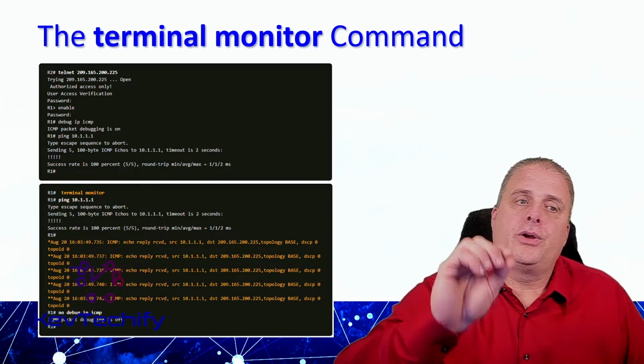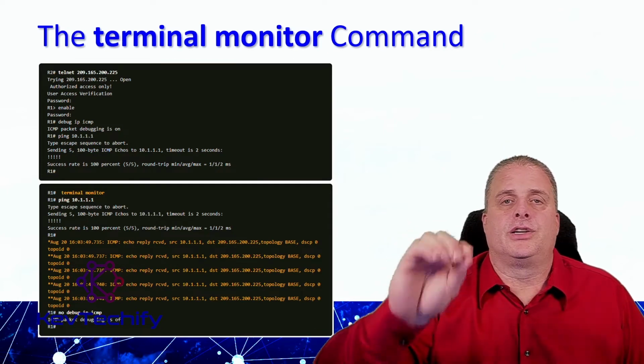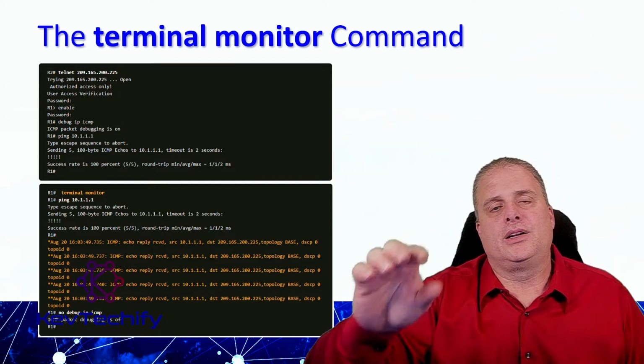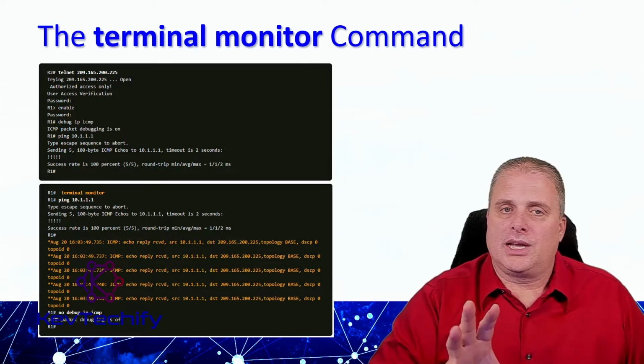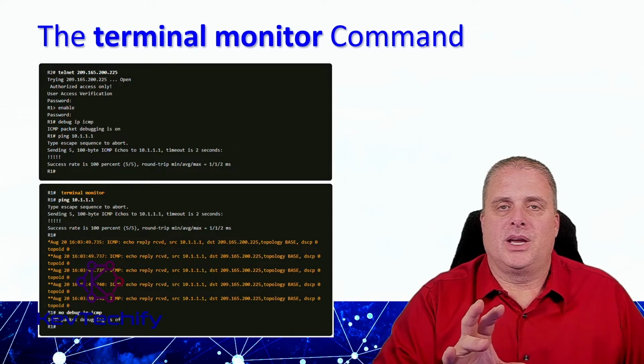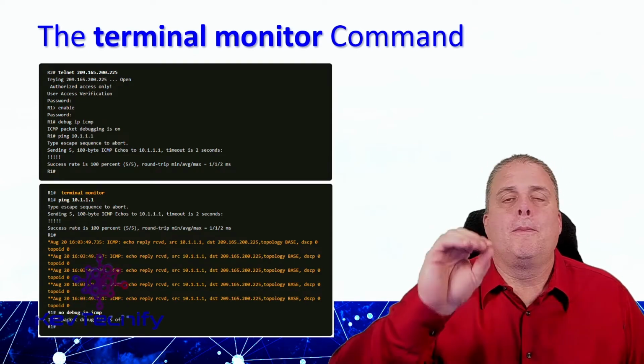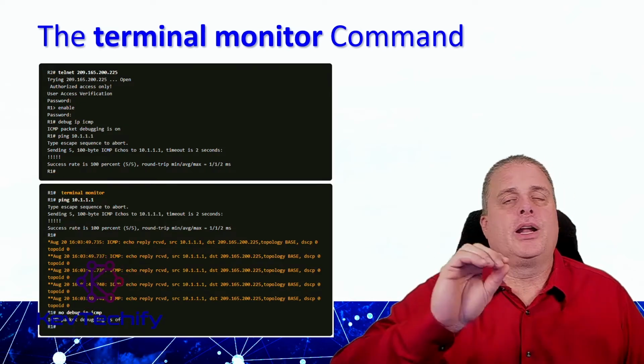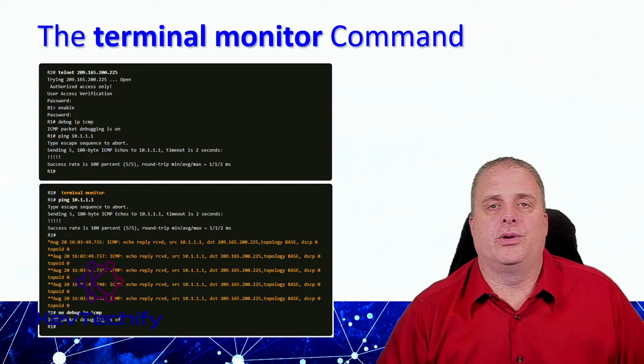To turn it on, you enter terminal monitor. To turn it off, you put the word no in front of it. So no terminal monitor, that turns it off. Most of the time people find these system messages sometimes distracting, but when you're troubleshooting, you may need to get them displayed on your remote connection. This is how you do it.